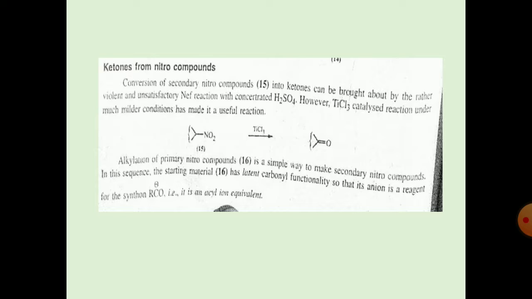The alkylation of a primary nitro compound is a simple way to make secondary nitro compounds, and in this sequence the starting material has a latent carbonyl functionality, so that its anion is a reagent for the synthon R-C=O(-), that is, an acyl anion equivalent.